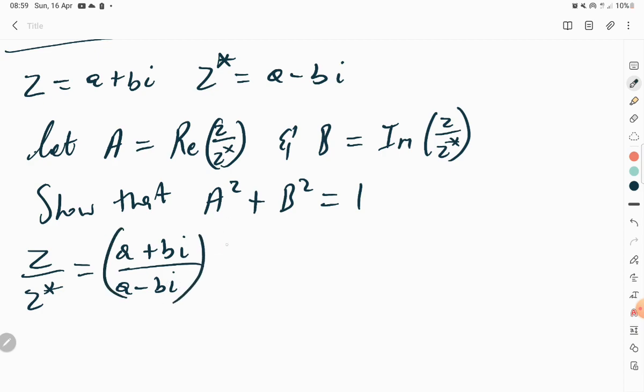We have to multiply by the conjugate of the denominator, which is actually z. So we have a plus bi divided by a plus bi.